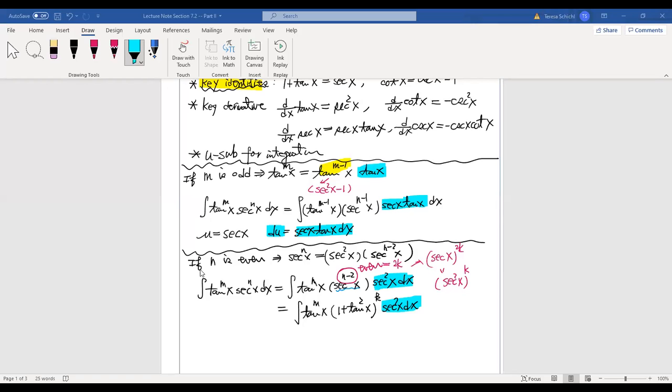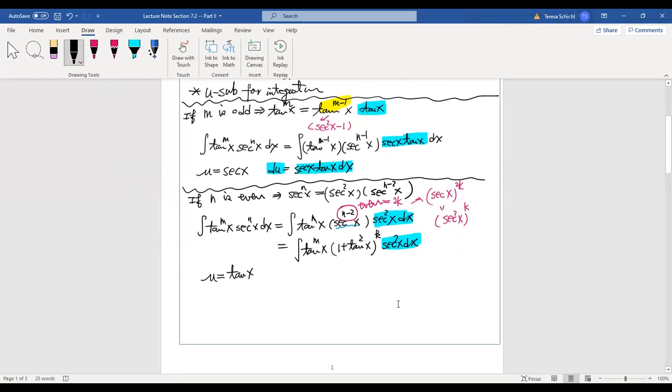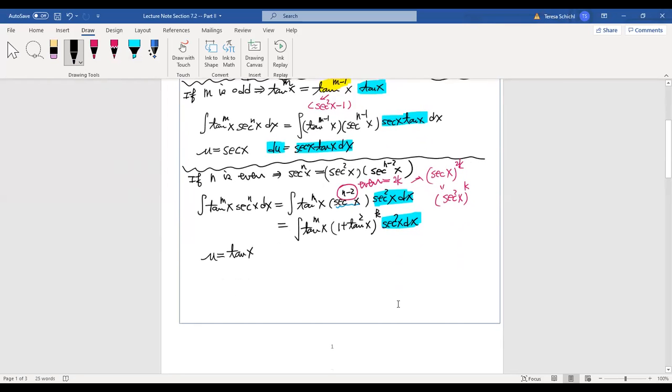Now you can use u-sub again. What are we u-subbing? My u can be tangent x. The reason is that if you take the derivative, du will be secant squared x dx, which we have carried out here.